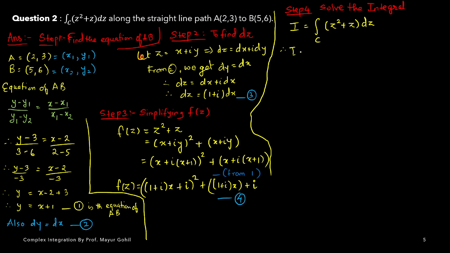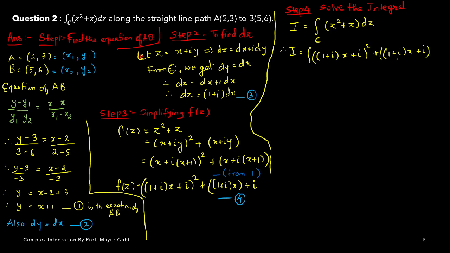Therefore I equals the integral of f of z, which we simplified from 4, we can write it as ((1 plus i) x plus i) the whole squared plus (1 plus i) x plus i.